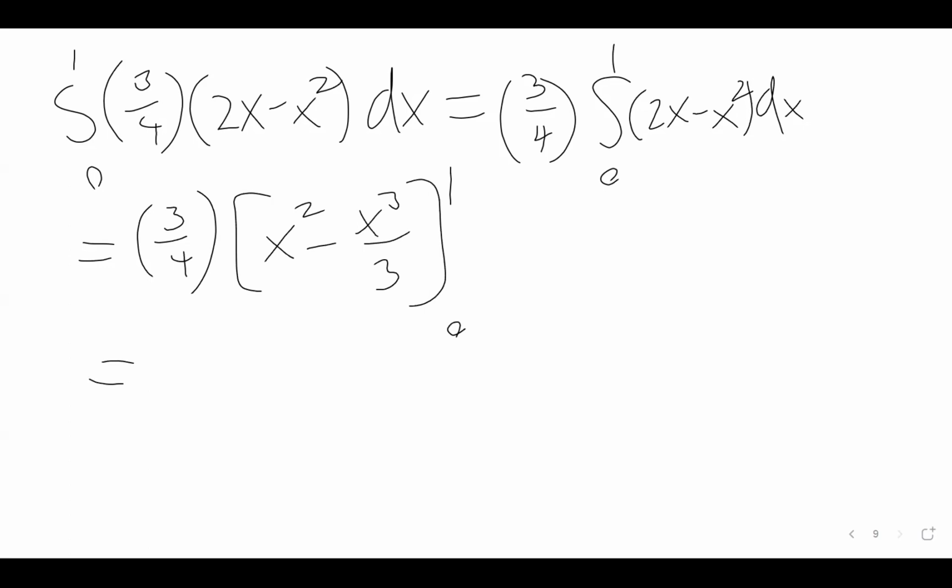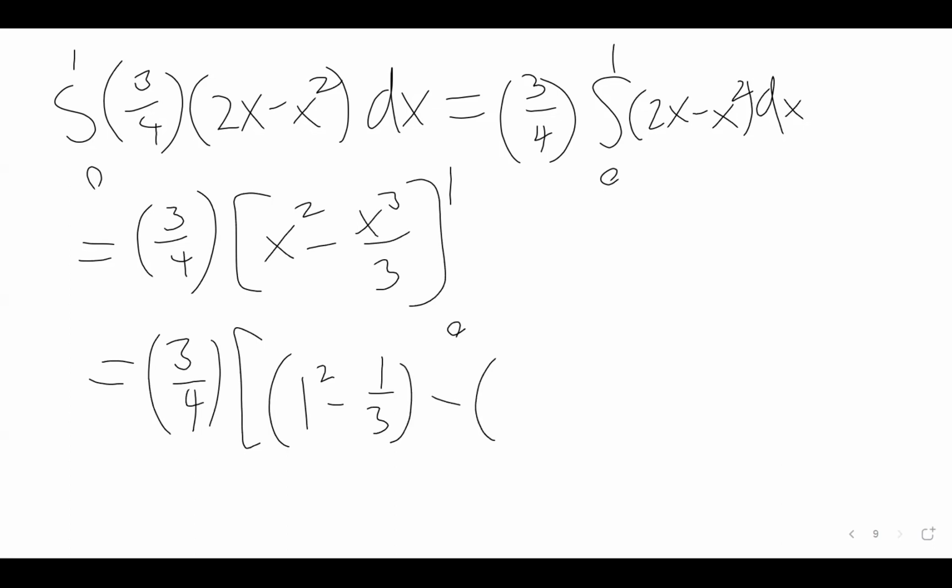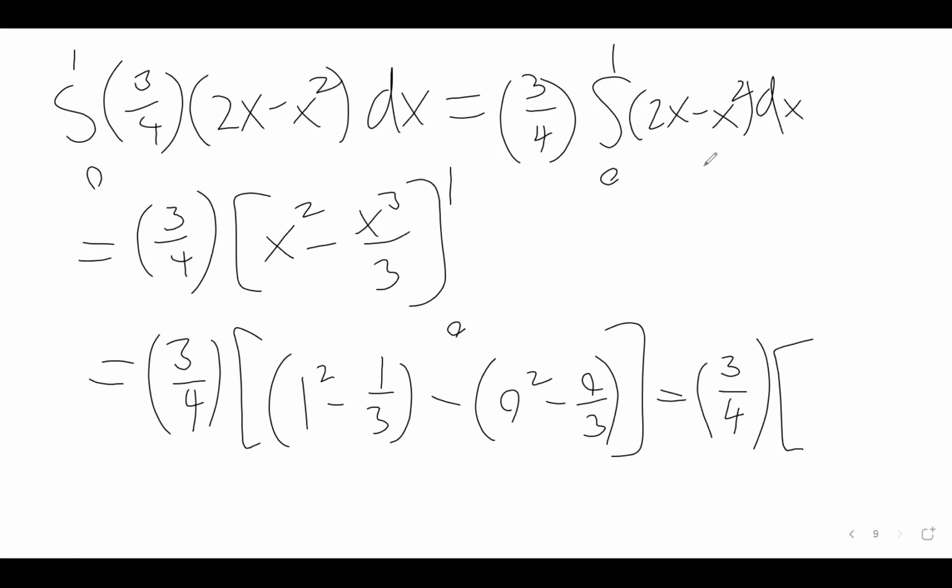Okay, so if you evaluate that from 0 to 1, you have 3/4 times. Now, if you plug in 1, you get 1 squared minus 1/3, because 1 cubed over 3 is 1/3. Minus, plug in 0, you get 0 squared minus 0 over 3. And so this is equal to 3/4 times, well, 1 minus 1/3 is 2/3, and 2/3 minus 0 is 2/3. Okay, so then you get this times this.